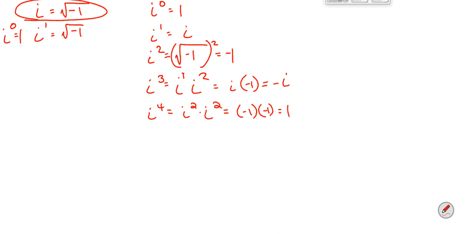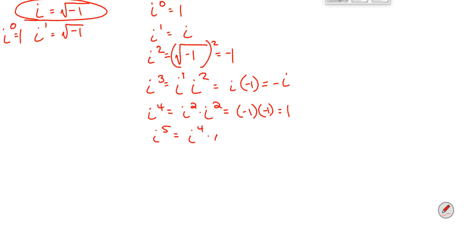Notice, make that note to yourself, that i to the 0 and i to the fourth are both equal to 1. Let's do a couple more powers of i, just to see what's happening here. I will go back to my red. i to the fifth, let's think of as i to the fourth times i.